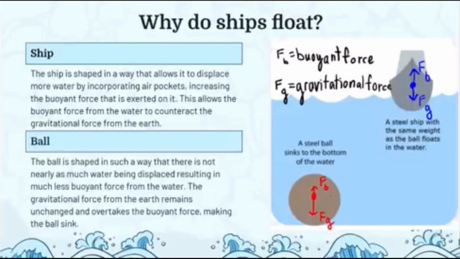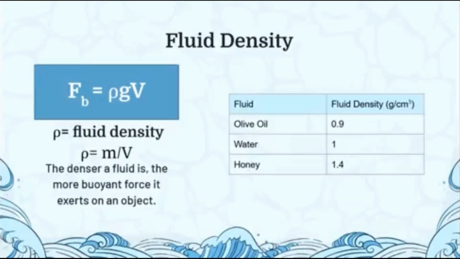Okay, so now we're going to be looking at why ships float. If you've ever wondered why those big Navy ships that are tens of thousands of tons are able to float, but a rock that is less than a pound will sink straight to the bottom, it comes down to the buoyant force that is on them. So this can be altered by 3 different factors that we've looked at.